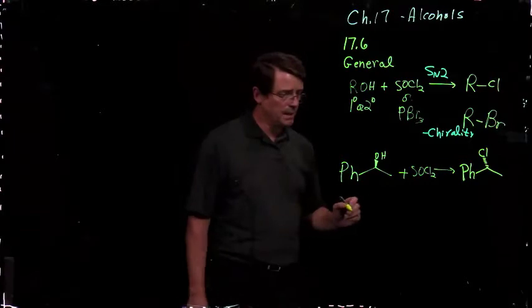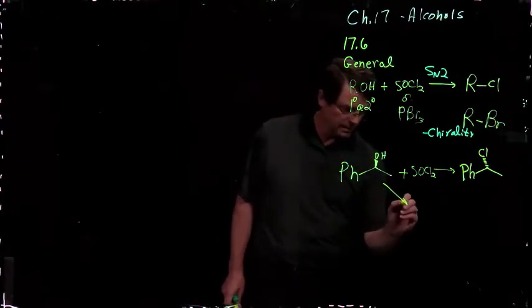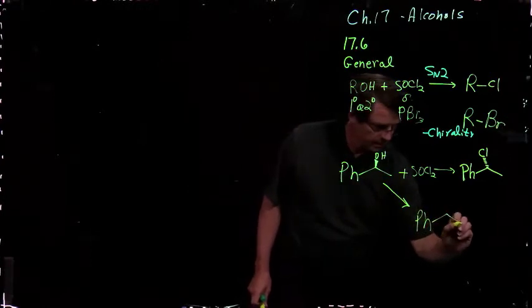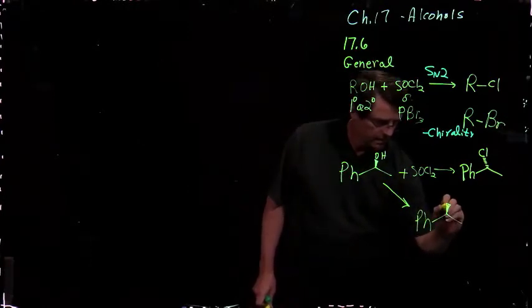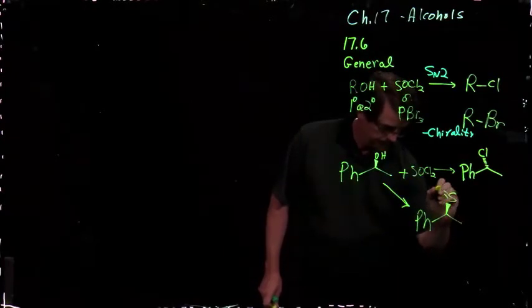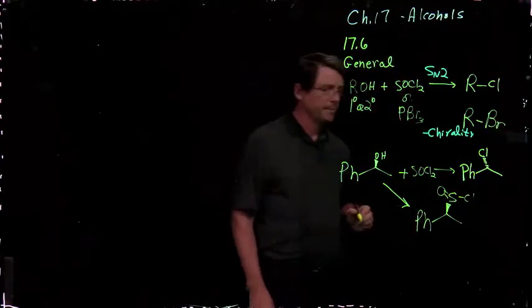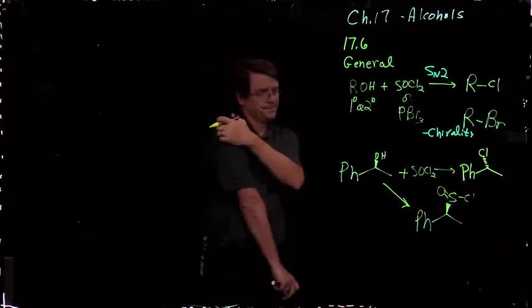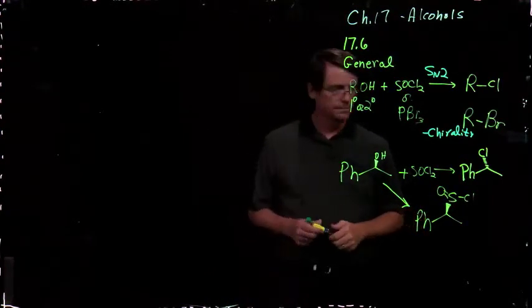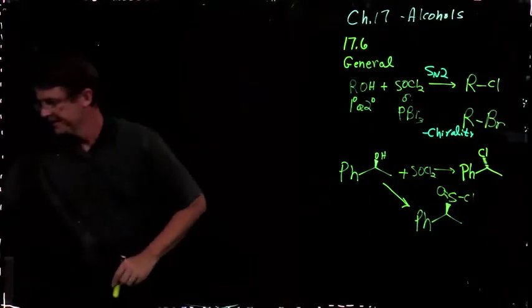Well, I'm not going to push the arrows in detail. You can go and practice with those. But the alcohol is converted to this chlorosulfonate, which is a good, oops, I have an atom missing.